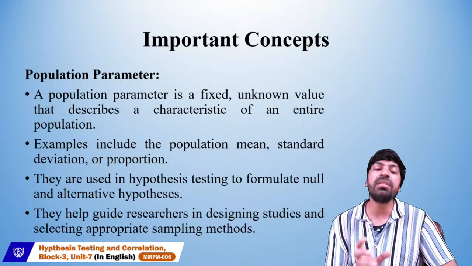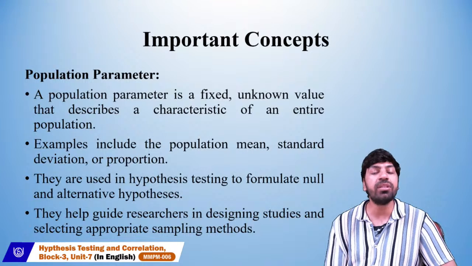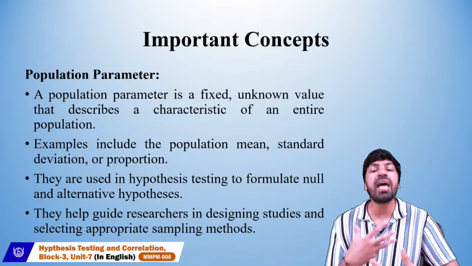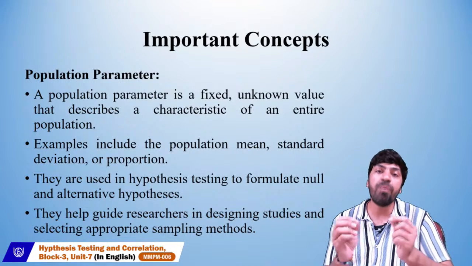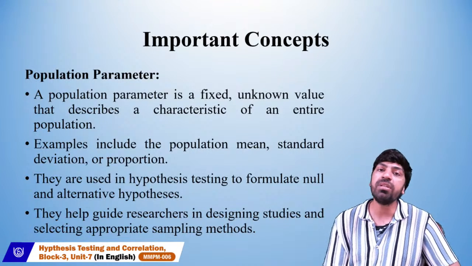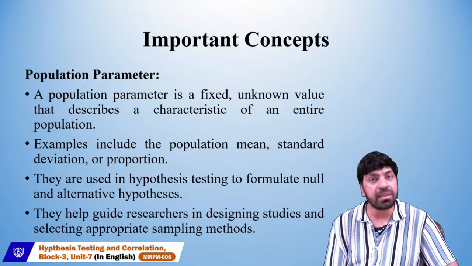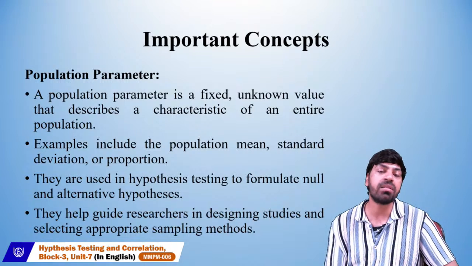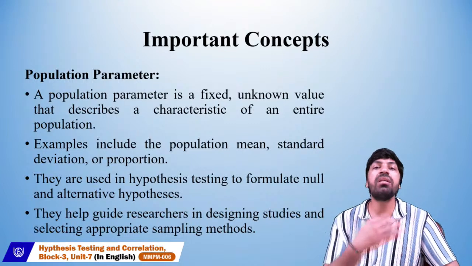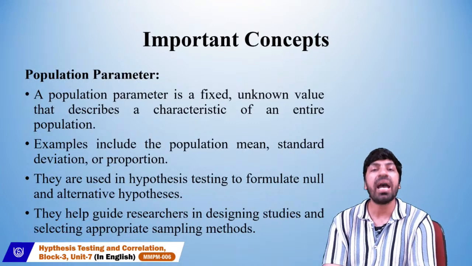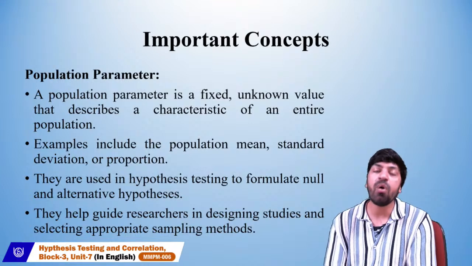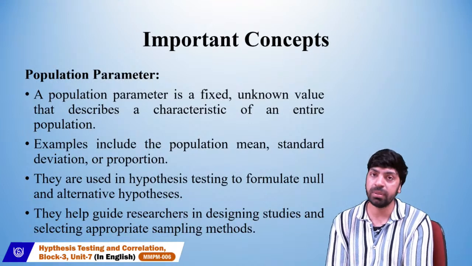This concept will guide the researcher in how to design the study and select one of the most important tools of research methodology, the sampling methods, that could be used after preparing the hypothesis. It could be null or alternate or both.